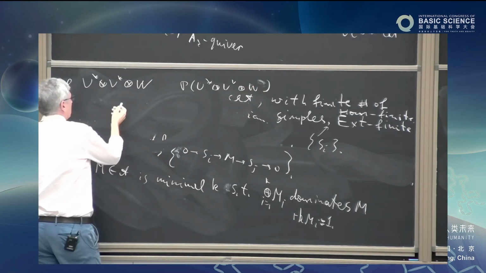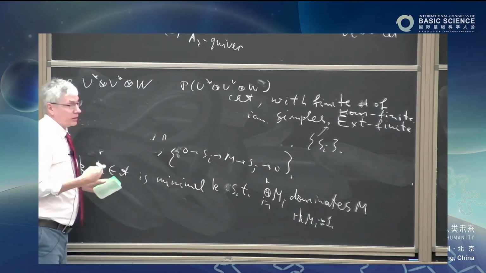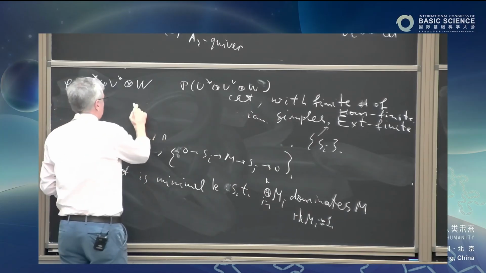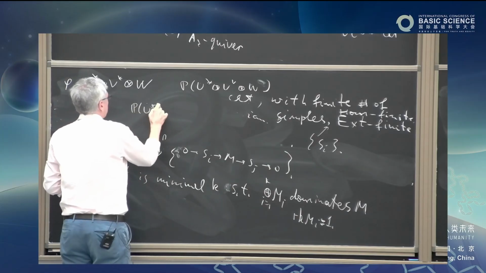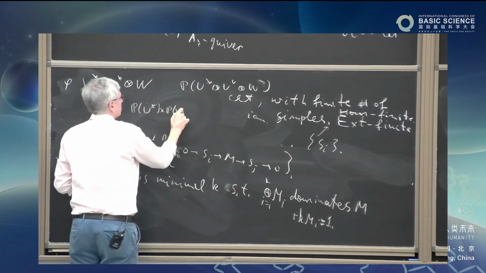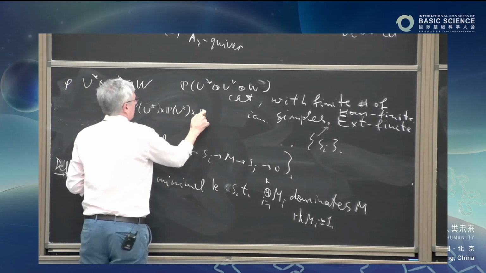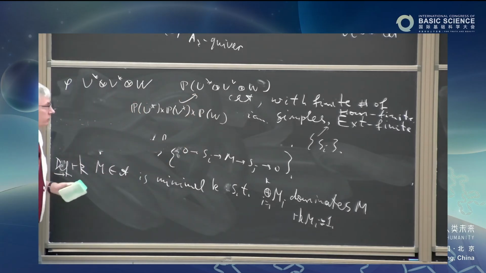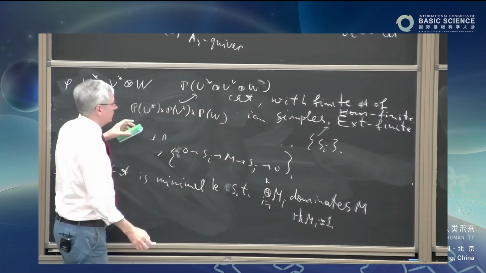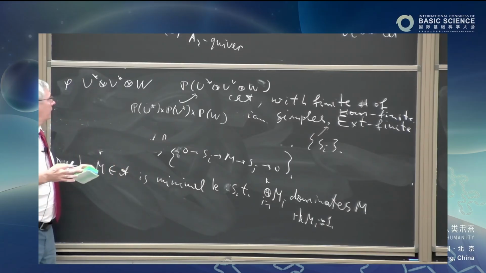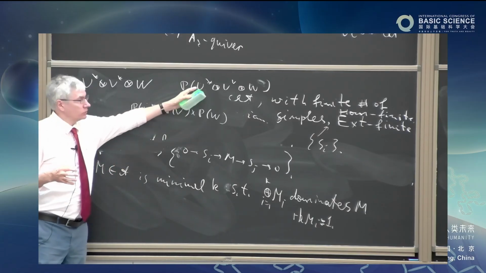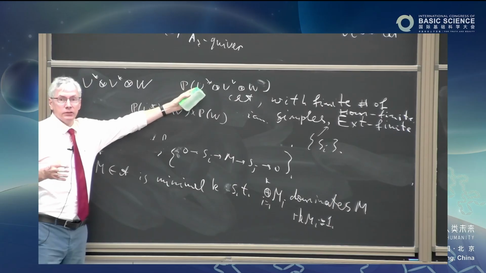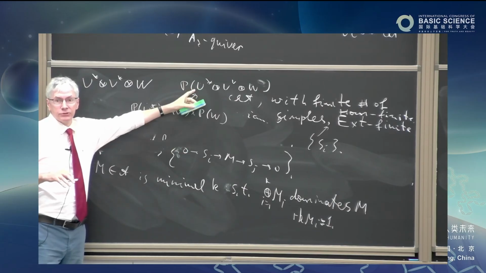So what are the decomposable rank 1 vectors? It's just the Segre embedding, P of U star cross P of V star cross P of W, so a point on the Segre embedding, which is embedded into here. So these are rank 1. Our multiplication is just some particular vector, some point in this big projective space.